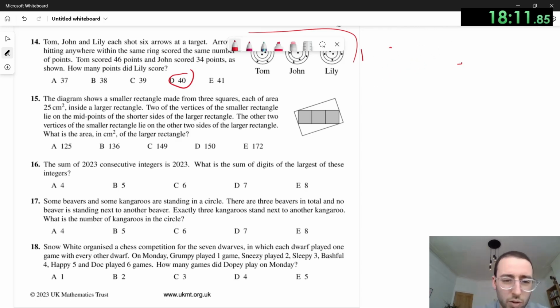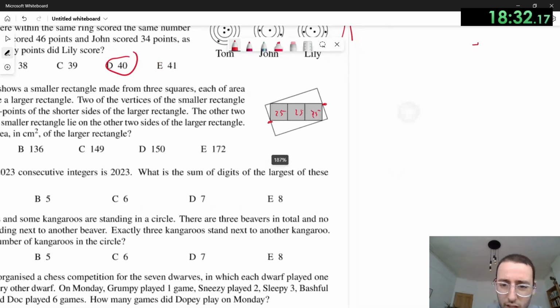The diagram shows a smaller rectangle made from 3 squares. Each of the areas is 25. 2 of the vertices of the smaller rectangle are around the midpoint. What's the area?